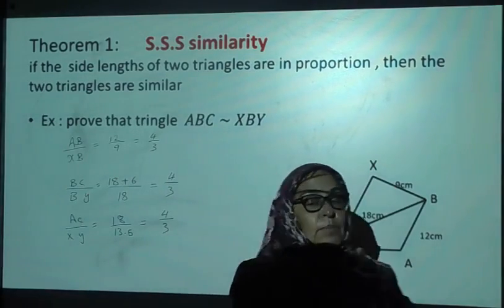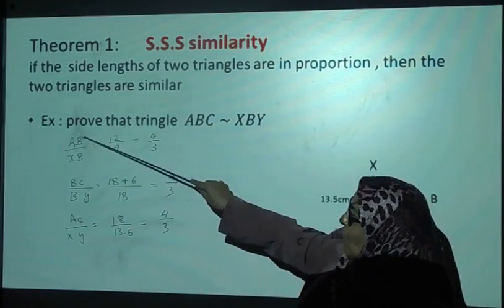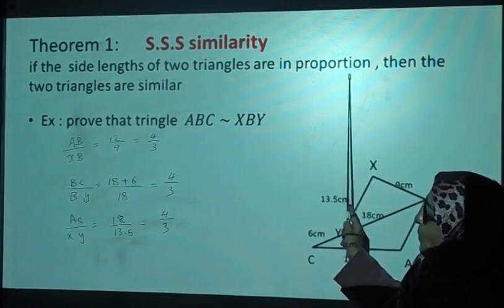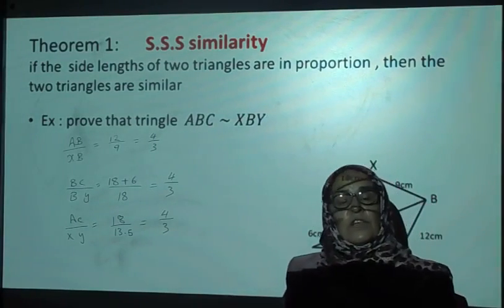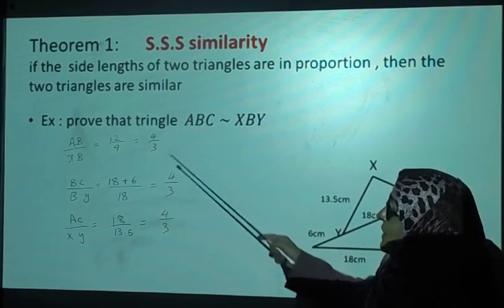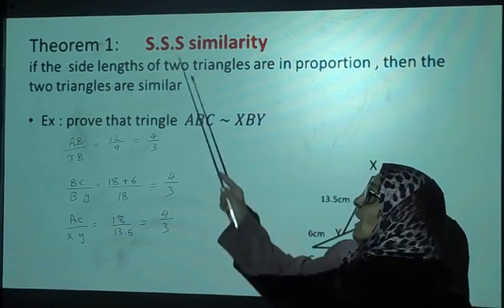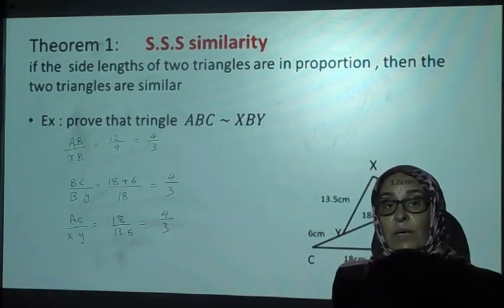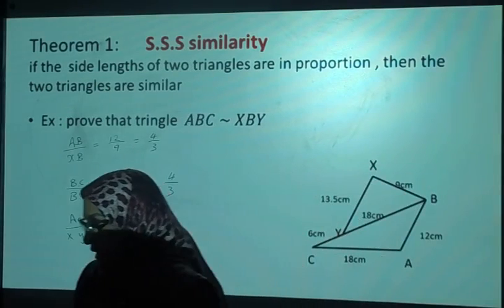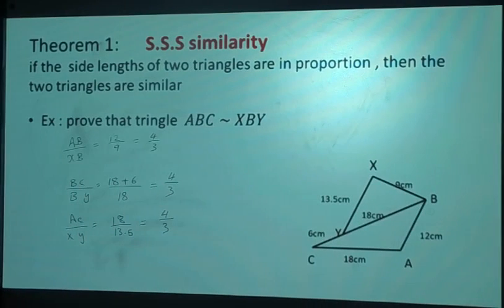So since all the sides of the two triangles are in proportion, these two triangles are similar. And this is how to use the SSS theorem in proving that two triangles are similar.